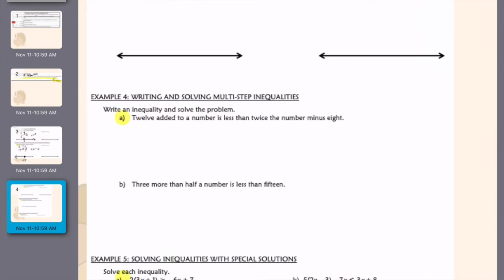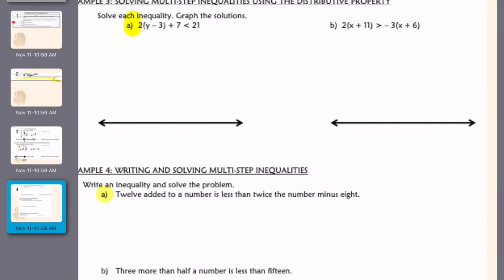Let me zoom in a little bit. Solve each inequality, graph the solution. In this case, it looks like I have a little bit of the distributive property going on, and that's great. So I need to distribute my 2 to each part of my parentheses. So this is 2 times y, which is 2y, and 2 times negative 3 or minus 6, plus 7 is less than 21.